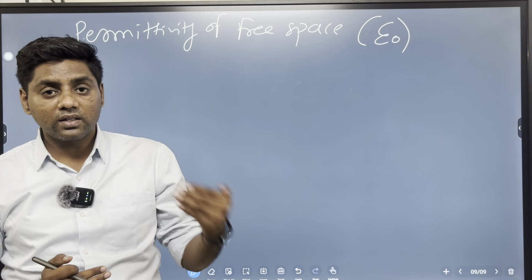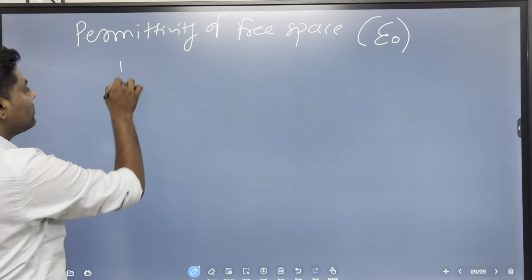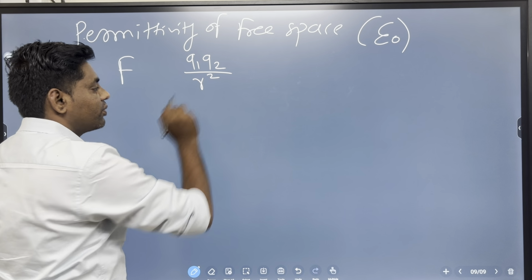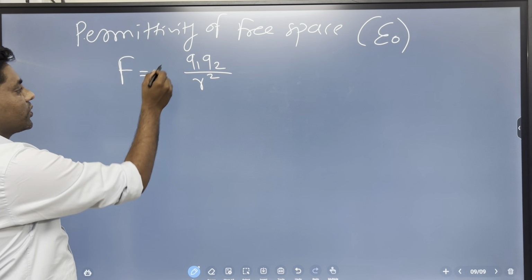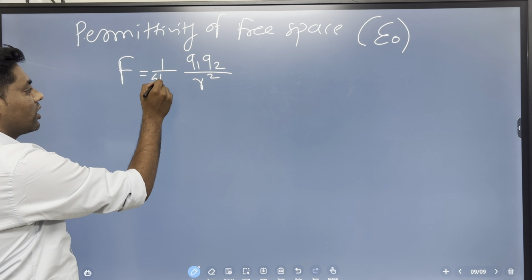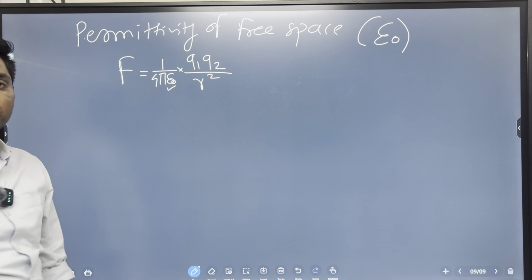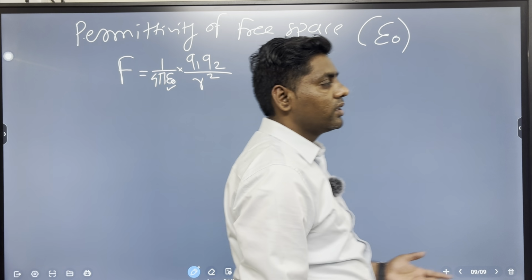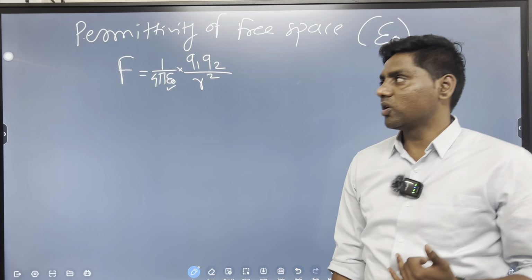The force between the two charges is directly proportional to the product of the magnitudes of the charges and inversely proportional to the square of the distance between them. The constant of proportionality is 1 upon 4 pi epsilon naught, and we have to calculate the SI unit and dimensional formula for epsilon naught. We call it permittivity of free space.